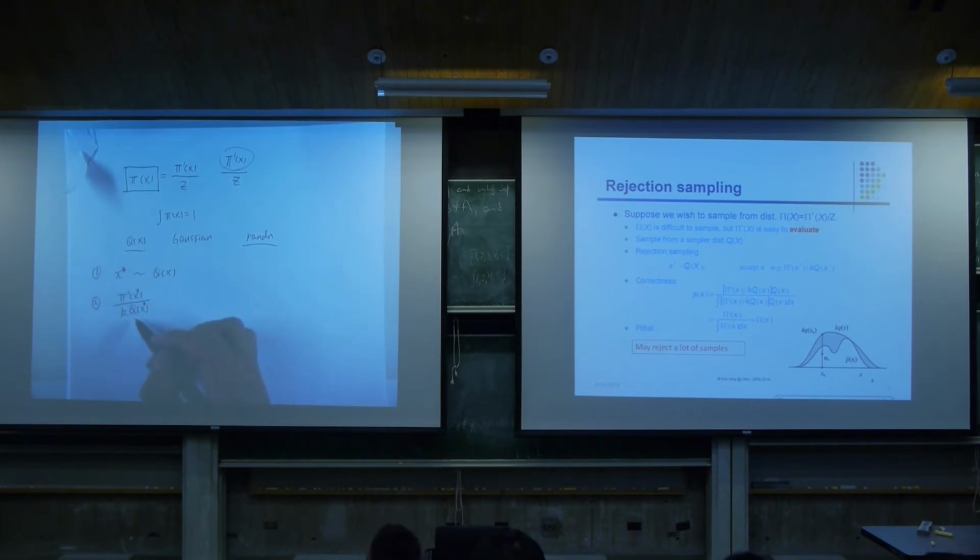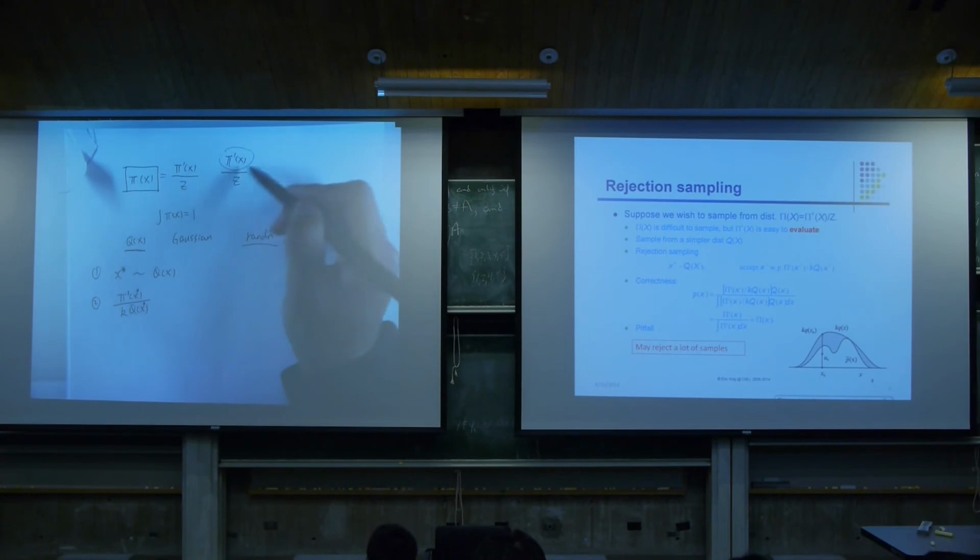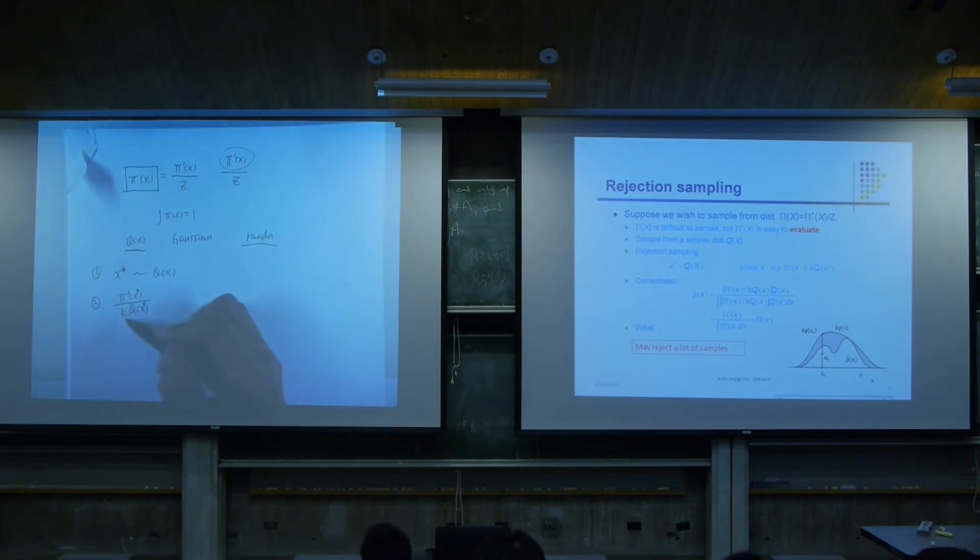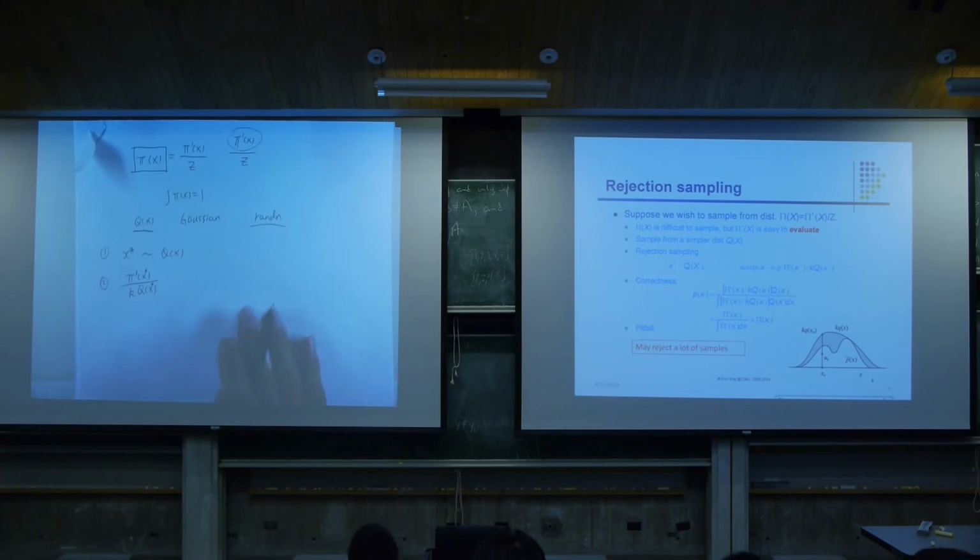And the Q(x) here is the simpler distribution you used. And π'(x star) is a normalized potential function. And k is a constant, a very large constant to ensure k Q(x star) is always bigger than π'(x star).